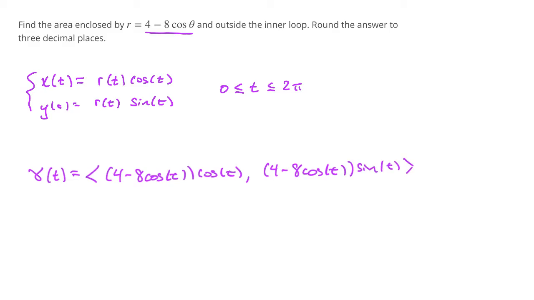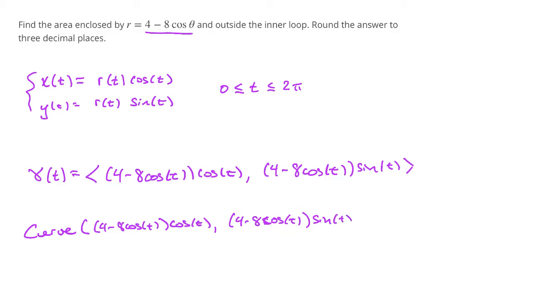And so the actual command that we'll use to plot this in GeoGebra is the curve function with 4 minus 8 cosine t times cosine t, and 4 minus 8 cosine t times sine t, with t going from 0 to 2 pi.